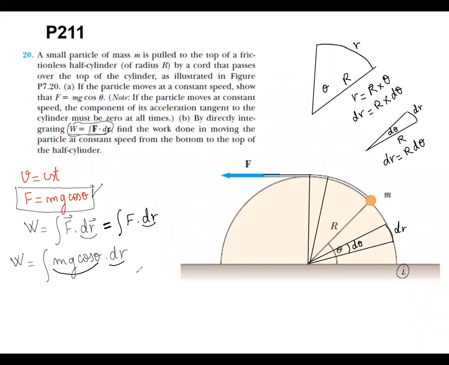So we can write the integral of mg cosine theta times r d theta. Now the variable is the angle theta.